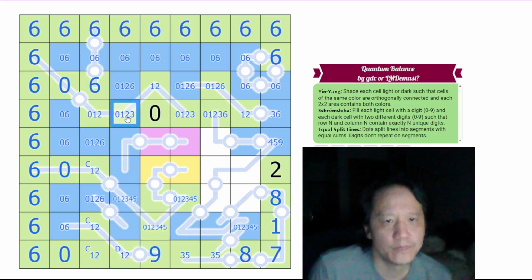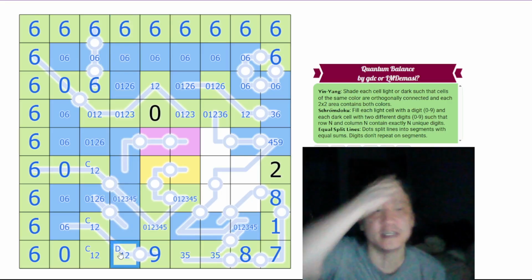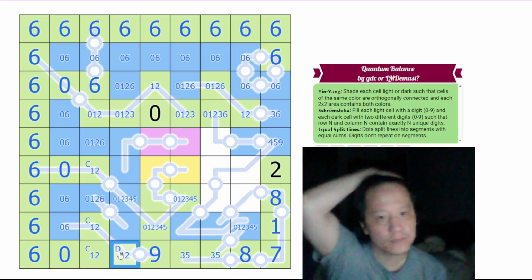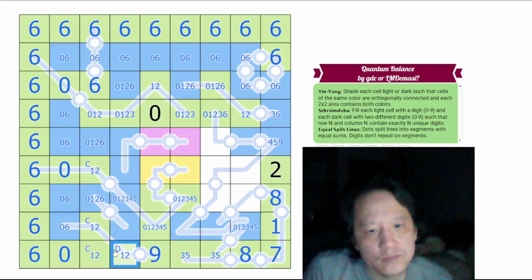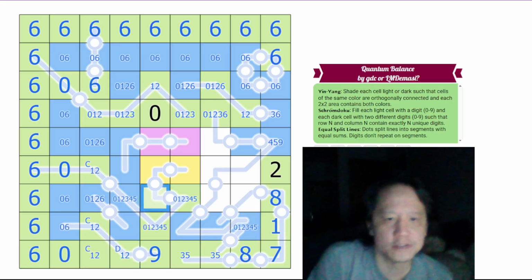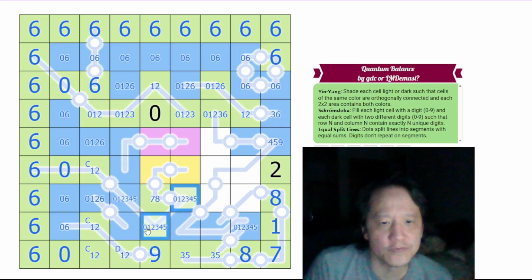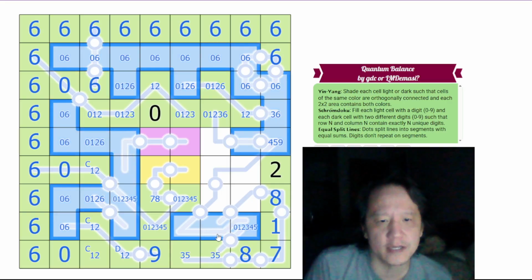In column... Okay, so... In column 4, we are guaranteed 0, 6, and D. Oh, this must be 7 or 8 here. This is guaranteed to be a single digit because of the way that yin-yang works here. This must add up to 8.